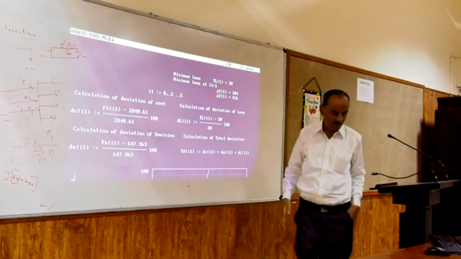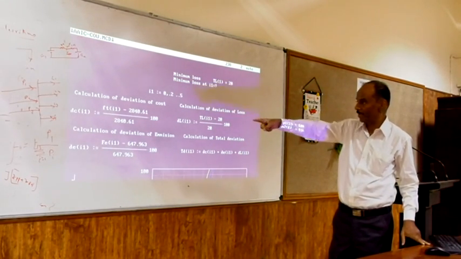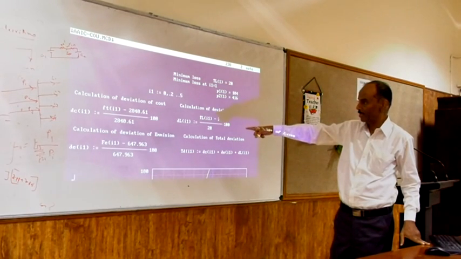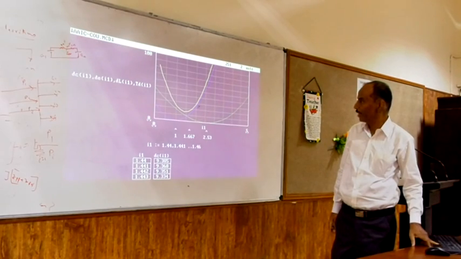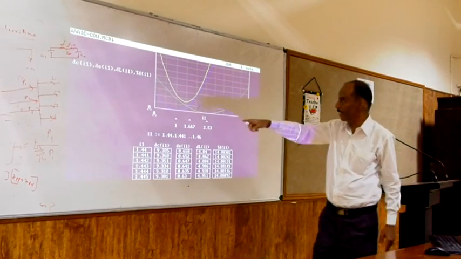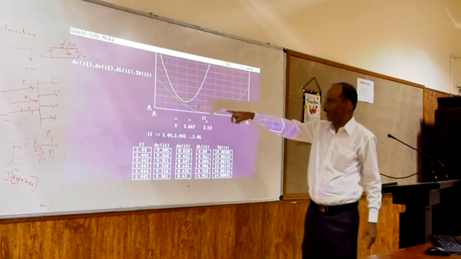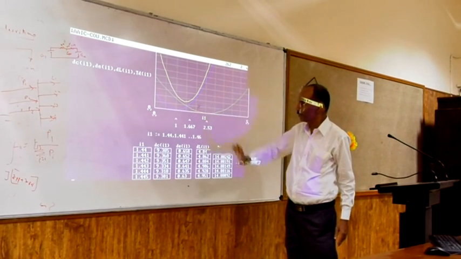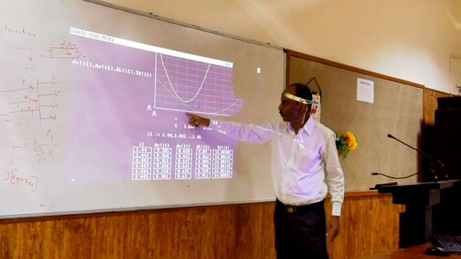So all the three we can plot. Say DC of I1, that is cost deviation, and loss deviation, then emission deviation in a single graph. You can see that first will be the green color, then red color, then violet, then finally I think yellow color, this yellow color. This will be the best solution.